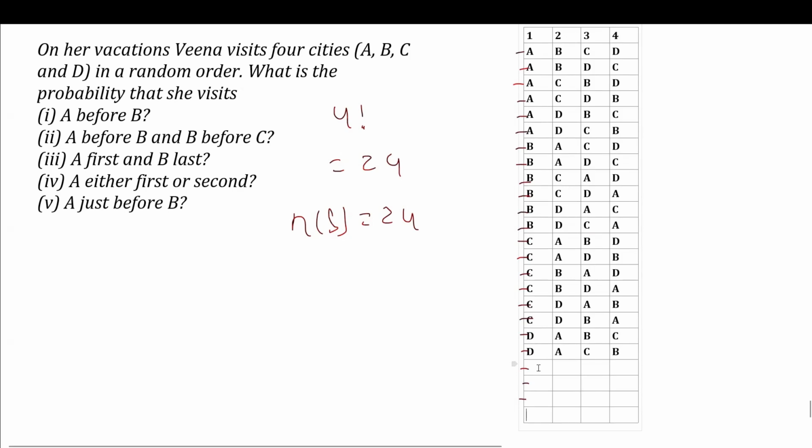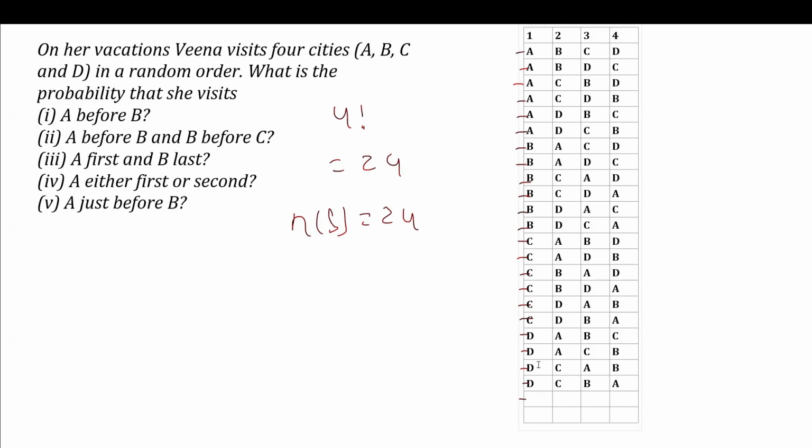Then with D, we have D paired with A. Now I'm pairing D with C, D being in the first place and C in the second place. It could be AB, which is done, then it should be BA.